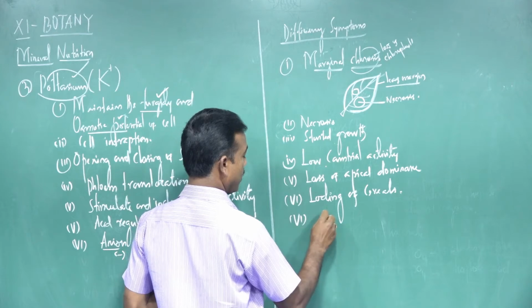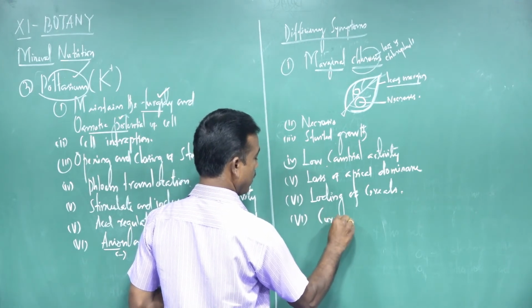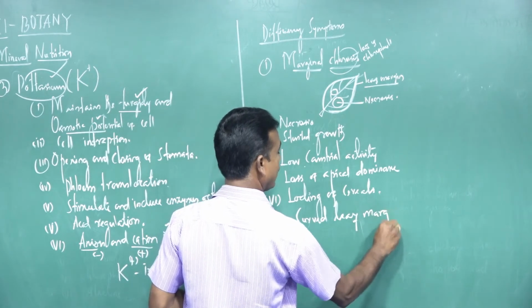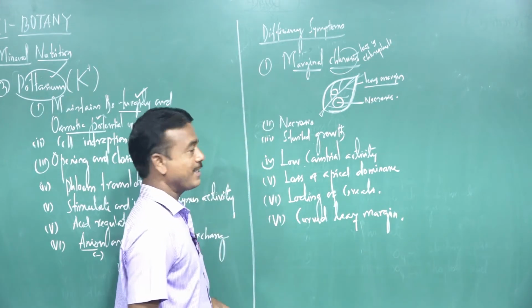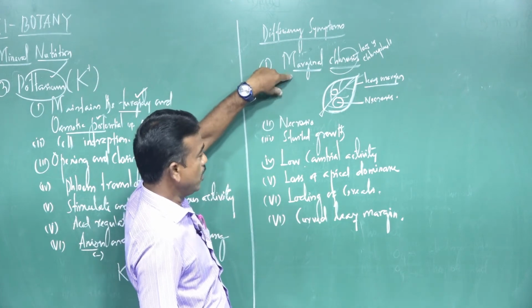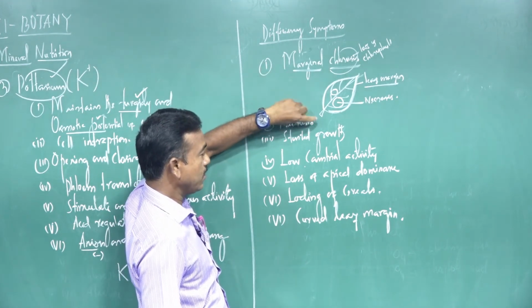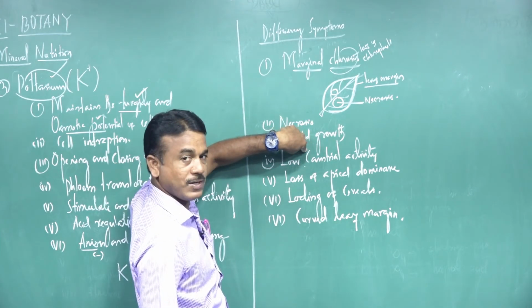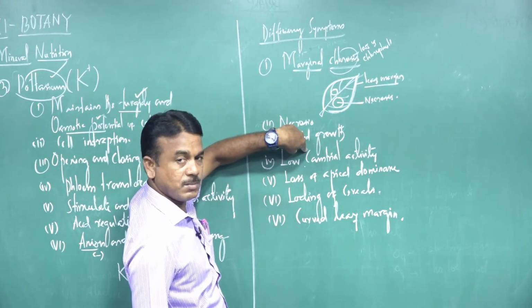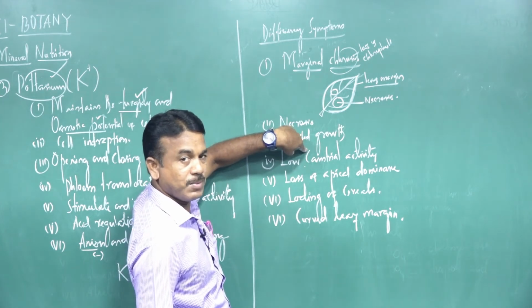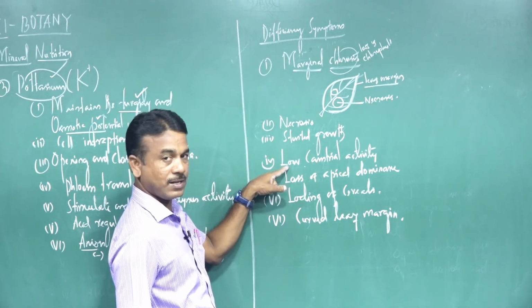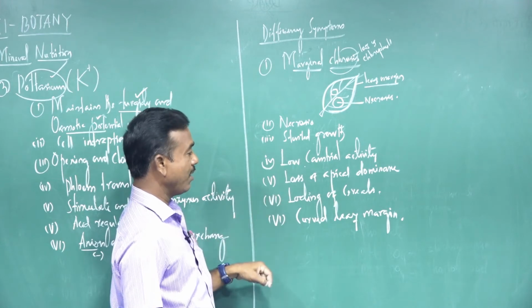And seventh, curved leaf margin. So these are the symptoms: marginal chlorosis, necrosis, stunted growth, low cambial activity. Cambium is a meristematic tissue that divides continuously, increasing the number of cells. If there is a deficiency, the rate of cambial activity is low.